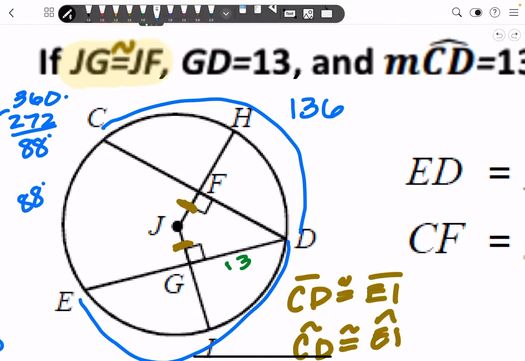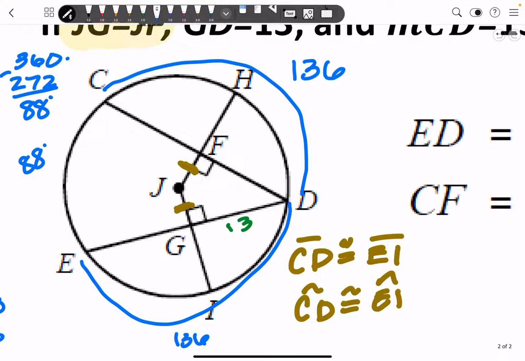But what we also see is that JH is bisecting both CD, the arcs, and the line segments, the chords. And that's because it is perpendicular right here. That means these two are congruent, these two are congruent. And hey, remember, that means these two are congruent too.